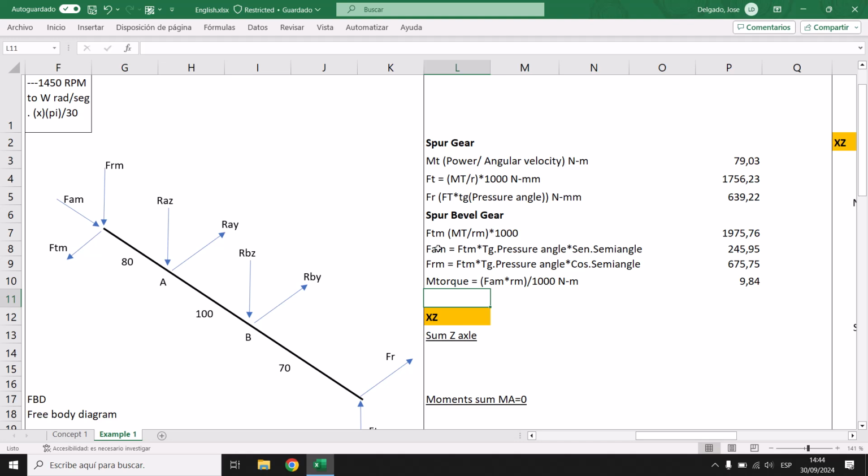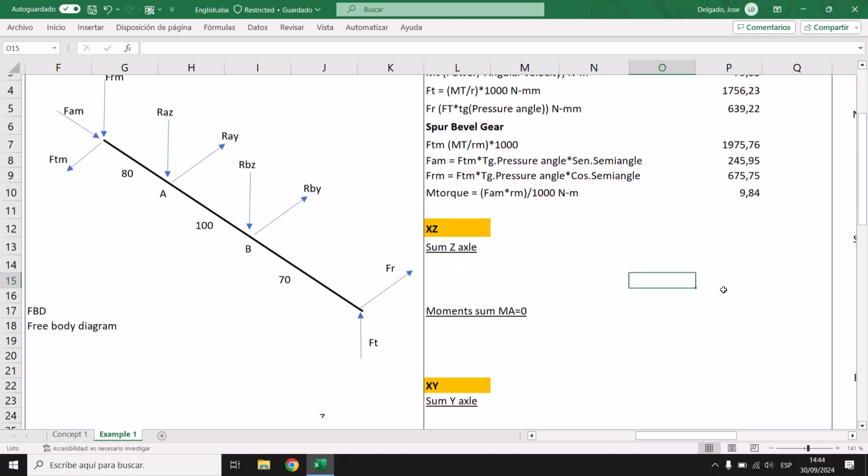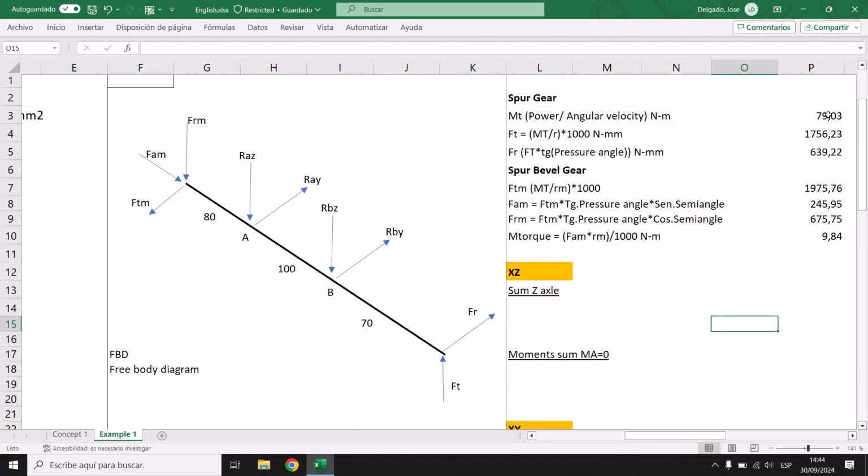All of this is going to be in millimeters. So now we have our value here, and we should start calculating our reactions at section A and section B.